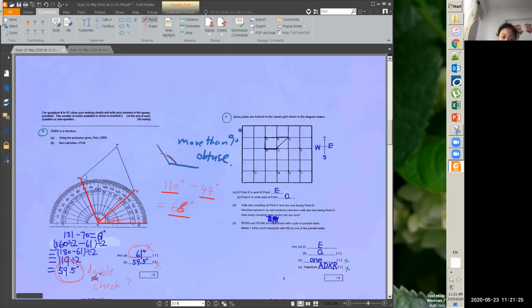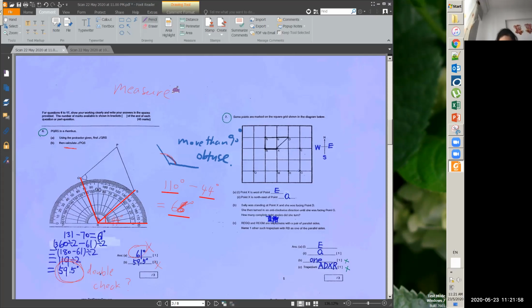Calculate or measure? Calculate is use your, no. Okay, measure.